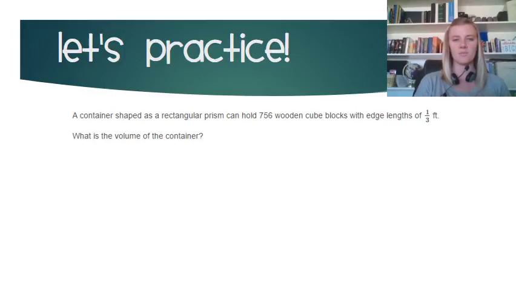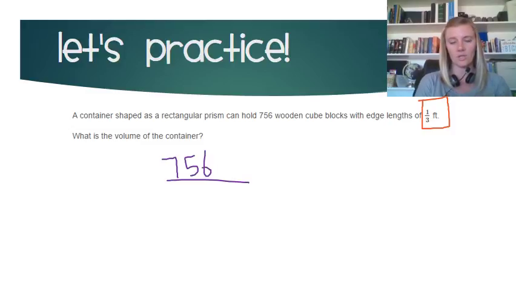A container shaped as a rectangular prism can hold 756 wooden cubes, but they are 1/3 of a foot length cubes, okay? So we're going to take the number of cubes that we have. We're going to divide it by, this time, if you look at your cheat sheet, the 1/3 foot in 1 unit cube will give us 27, okay? 27 for one whole unit cube.